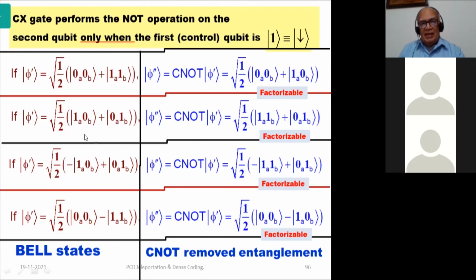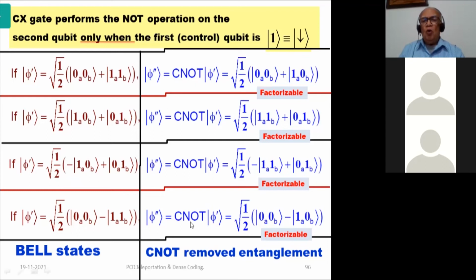If the Bell state is this, which is the second case, then the control NOT disentangles it and gives you a new 2 qubit vector, which is also factorizable. If the Bell state is this, then you get a new 2 qubit vector, which is again factorizable. And the same thing happens over here in the 4th case. So there are 4 different Bell states, and there can be no more than 4 different Bell states.